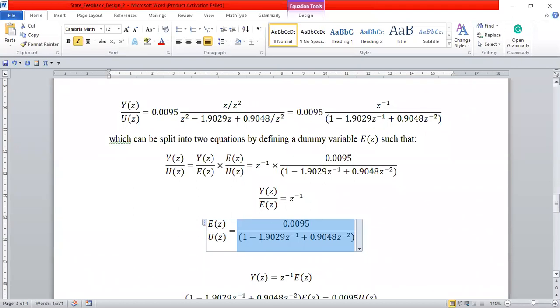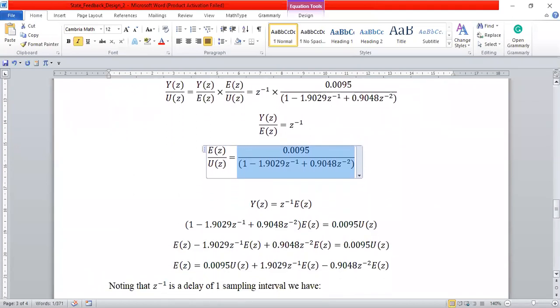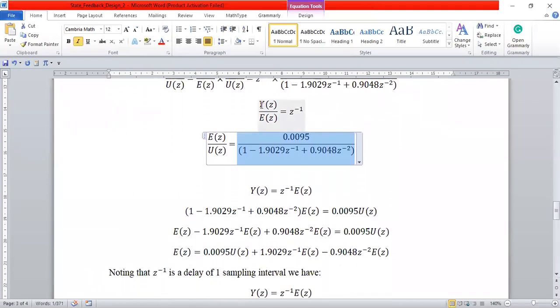So we've arrived at these two equations. So the next step is to make Y of Z the subject of formula in the first equation. Then to make E of Z the subject of formula in the second equation. That's the next step. So we're making Y of Z the subject of formula here. Then these two operations are just to make E of Z the subject of formula in this second equation, which we arrive at this.